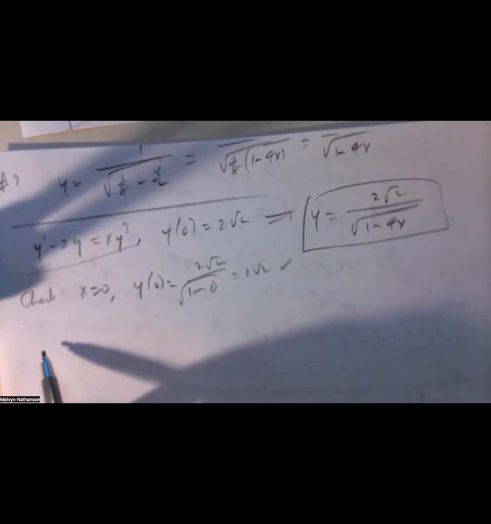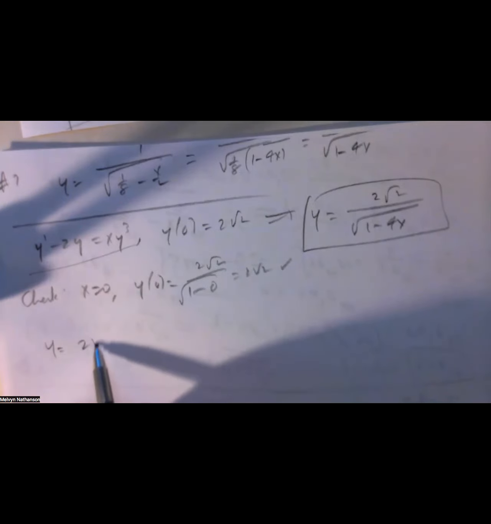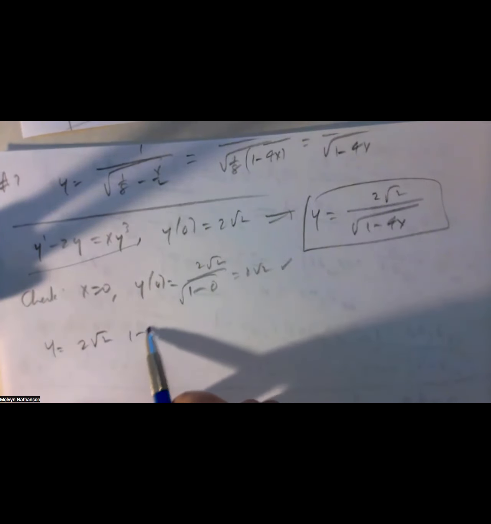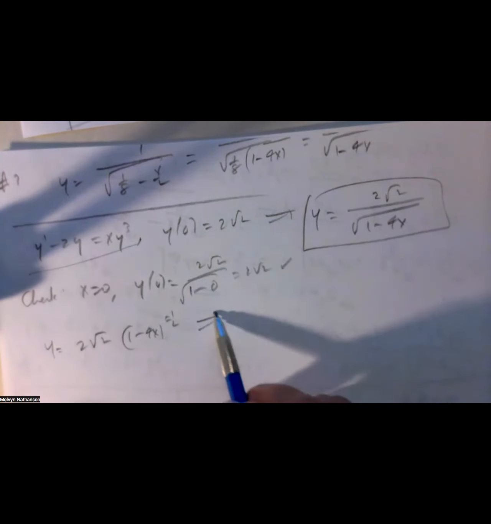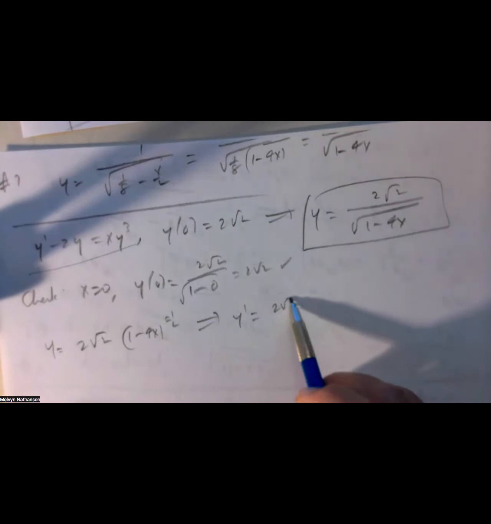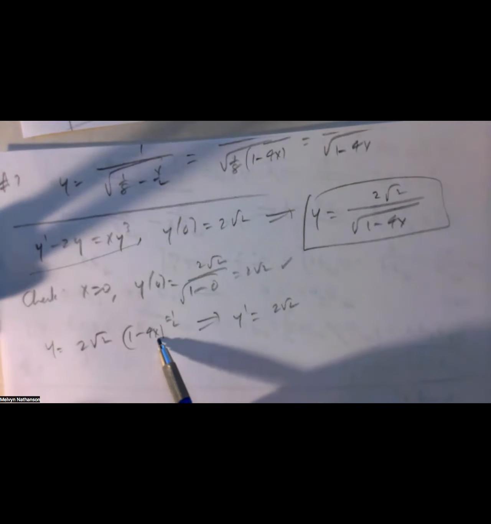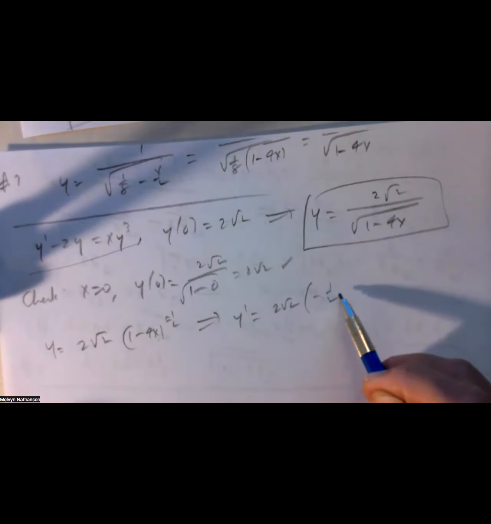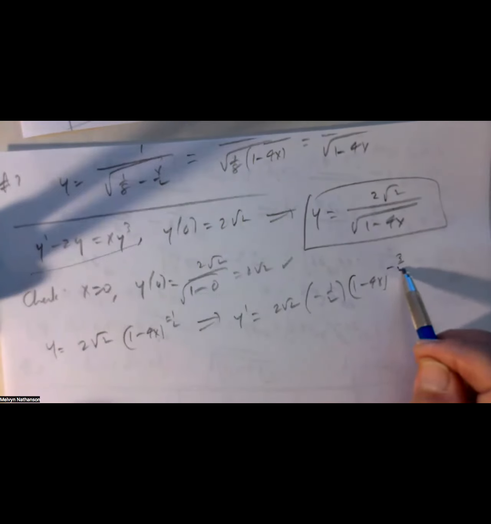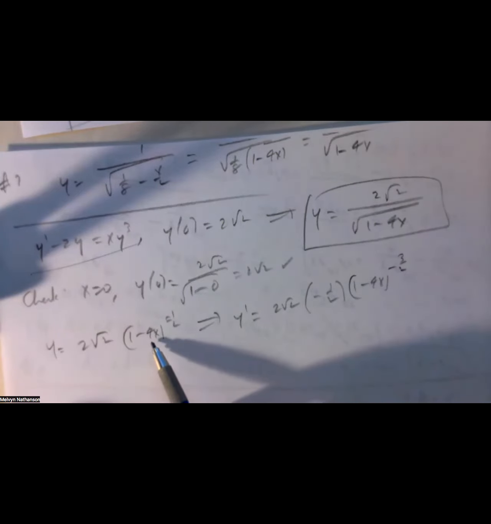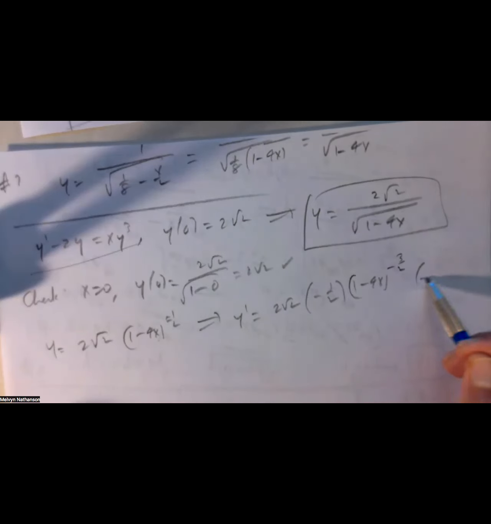And what about solving this differential equation? Let's check that. So y is 2 root 2, 1 minus 4x to the minus a half. So y prime is 2 root 2 times the derivative of this, which is minus a half, 1 minus 4x to the minus 3 halves, times the derivative of 1 minus 4x, which is minus 4.